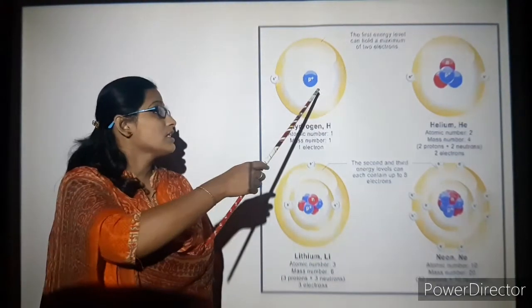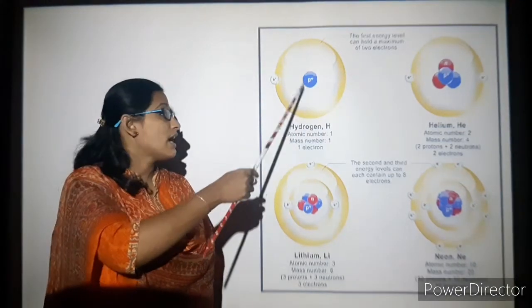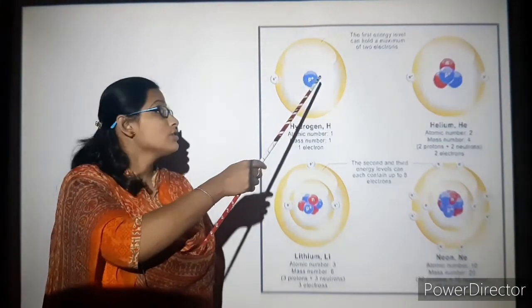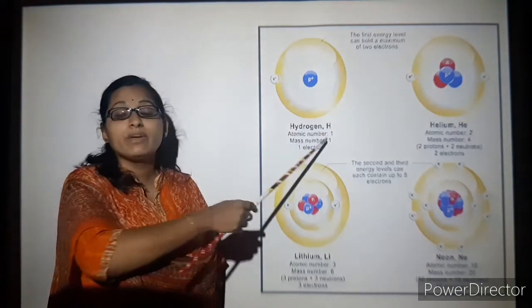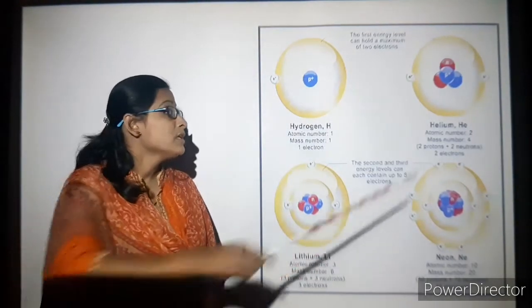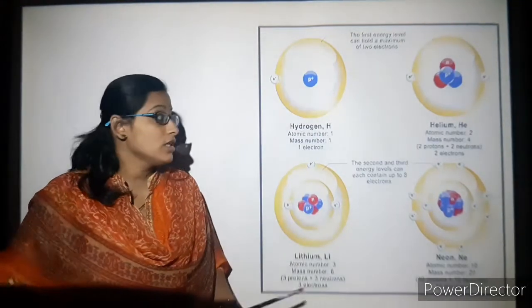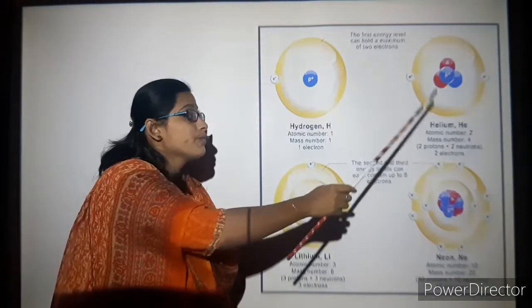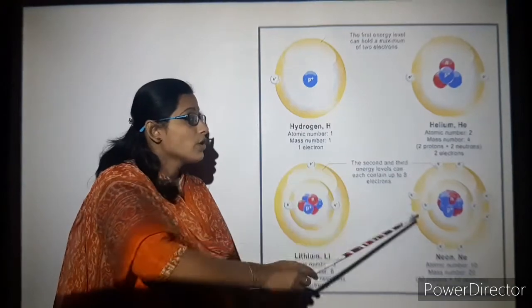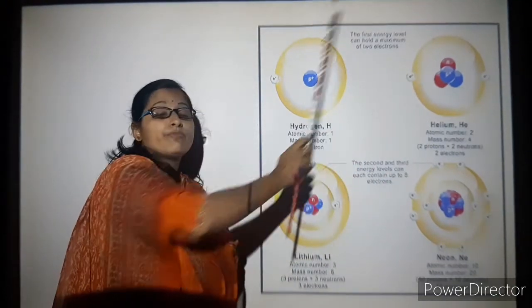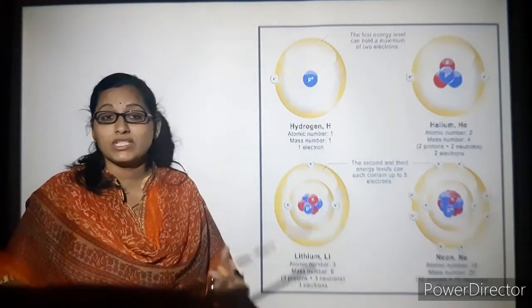As hydrogen doesn't have a neutron, the mass number remains 1. Next, with respect to helium, its symbol is He, its atomic number is 2 and its mass number is 4, because the number of protons is 2 and the number of neutrons is 2.